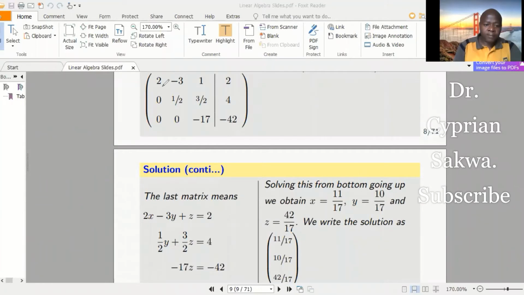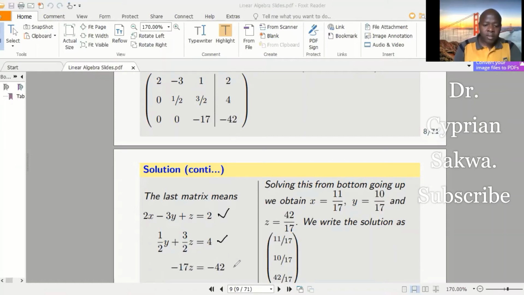This is 2x minus 3y plus z equals 2. That is our equation. These are half of y plus 3 over 2z is 4. And finally, -17z equals -42.